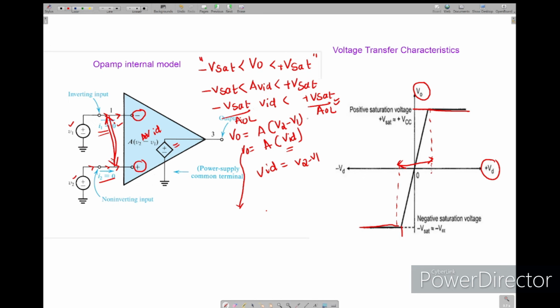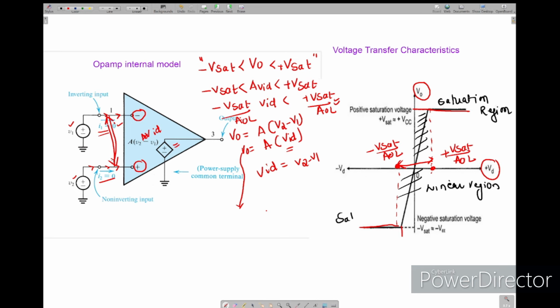We should follow this condition. So it is only from minus Vsat divided by AOL to plus Vsat divided by AOL. This region we will call the linear region, and this region we call the saturation region.